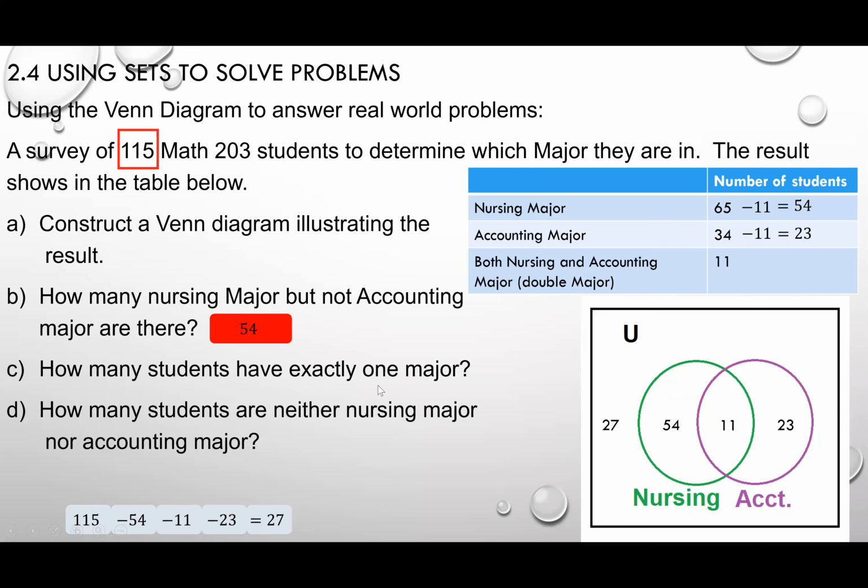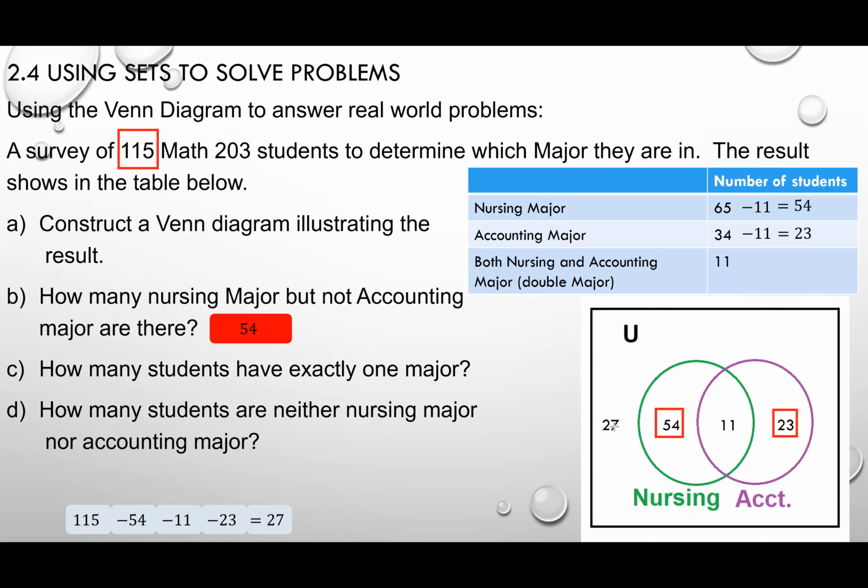How many students have exactly one major? Well, do you agree that these 54 have one major, right? I don't know how many majors these other people have. This thing here, we don't know. They can have a double major that is not these two. They can have something else. We don't know about this 27.